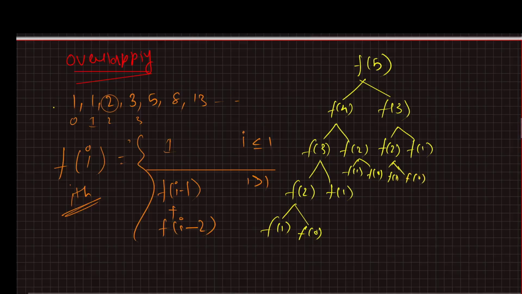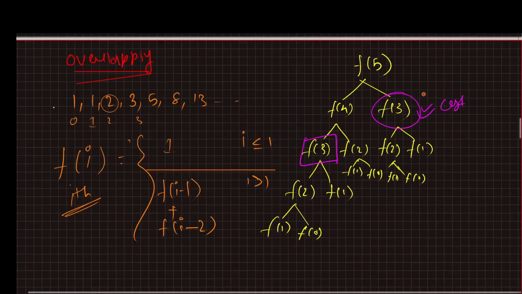So what we are seeing here is that the problem is being repeated again and again. Here we have already calculated it and we are calculating it again, so it may cost you. We don't really need to calculate it again. And here again we have F(2), and F(1) and F(2) as well, and we are recalculating.